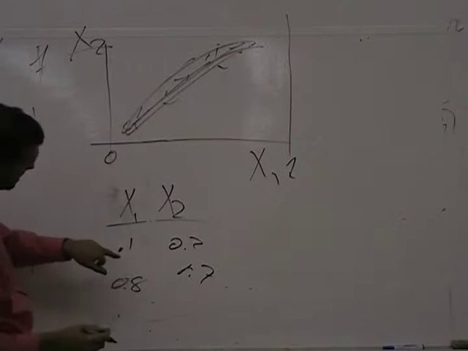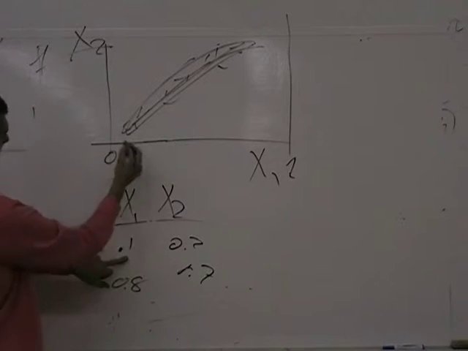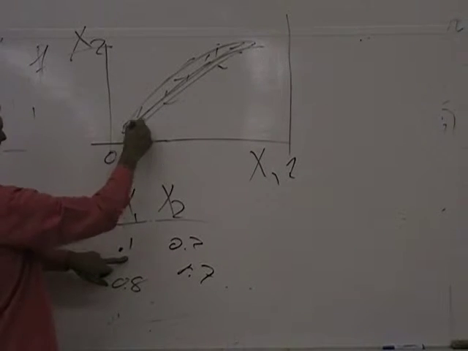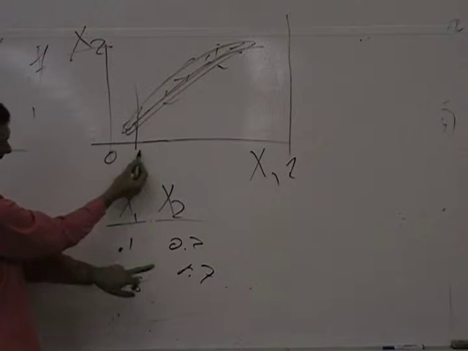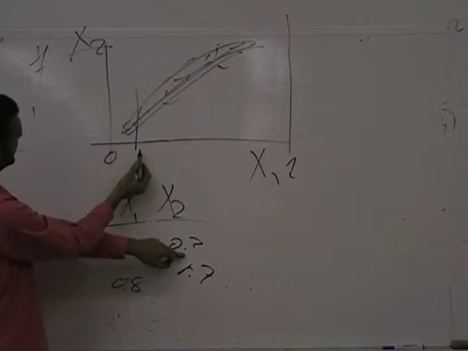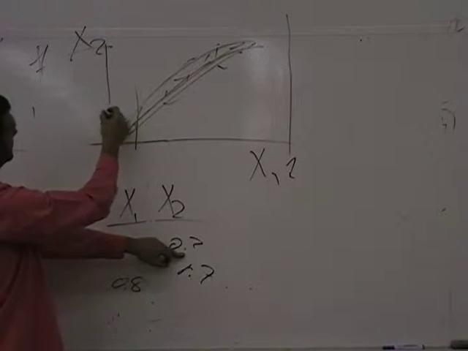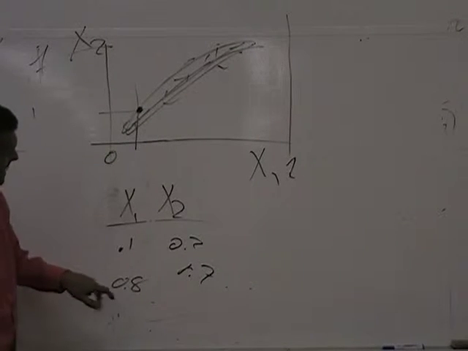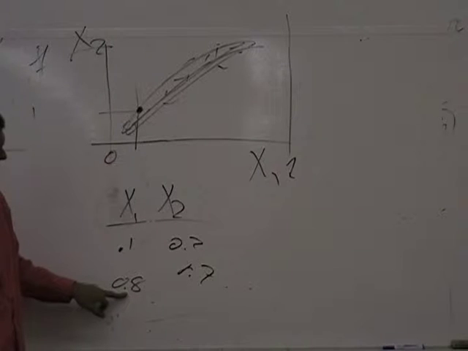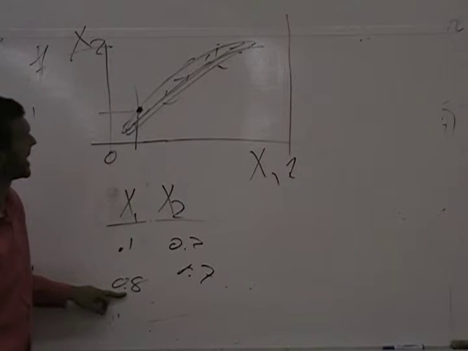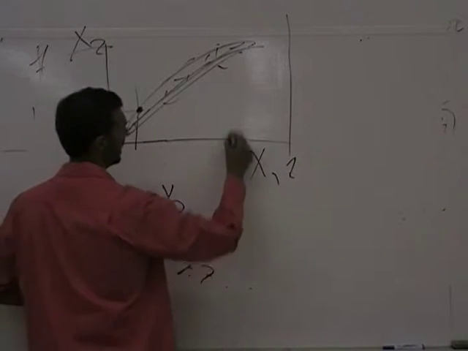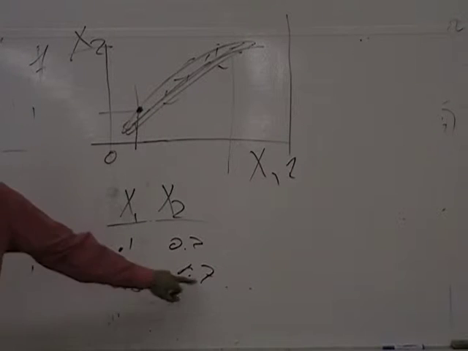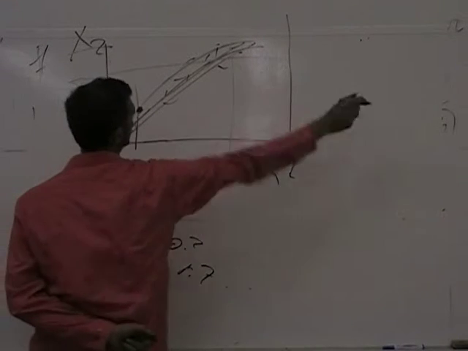We plot x1 at 0.1 and x2 at 0.2, and we plot x1 at 0.8 and x2 at 0.7.